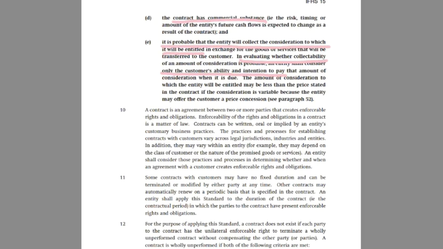So these are the criteria, and paragraph 9 says all the criteria need to be met, not some of them or one of them. It's not this one or that one or that one or that one. It's all of the criteria, all 5 of them.